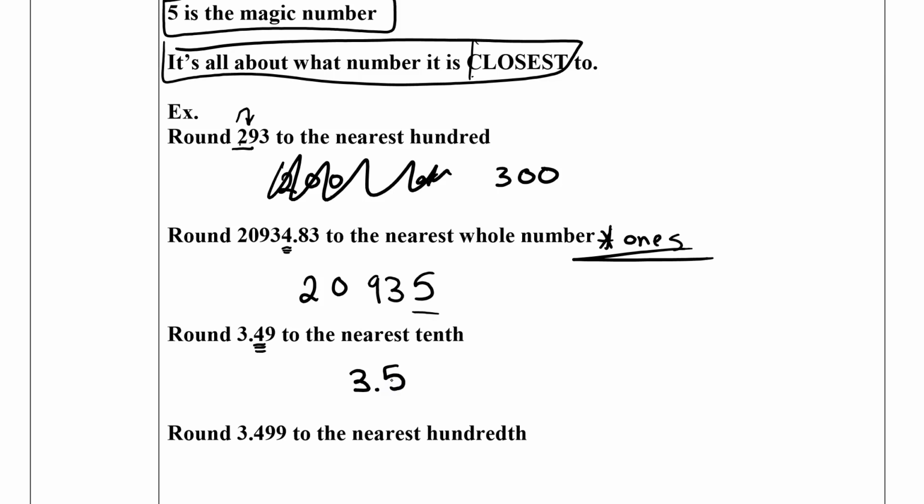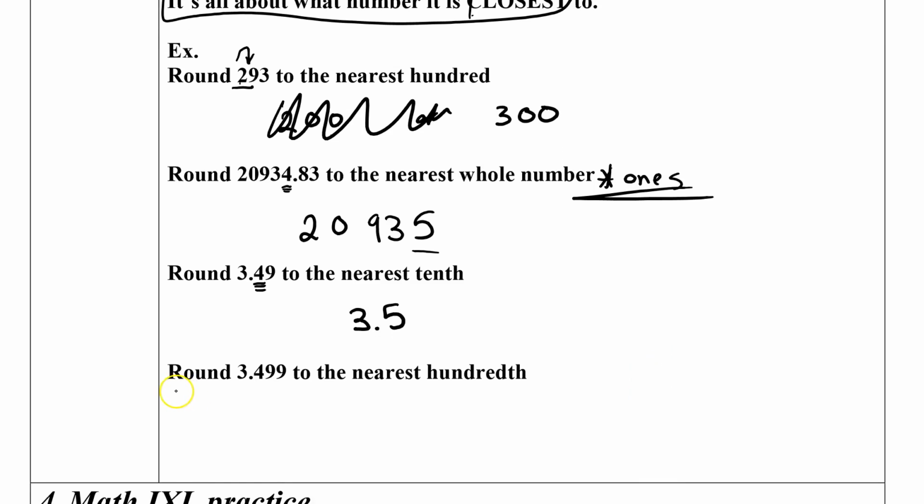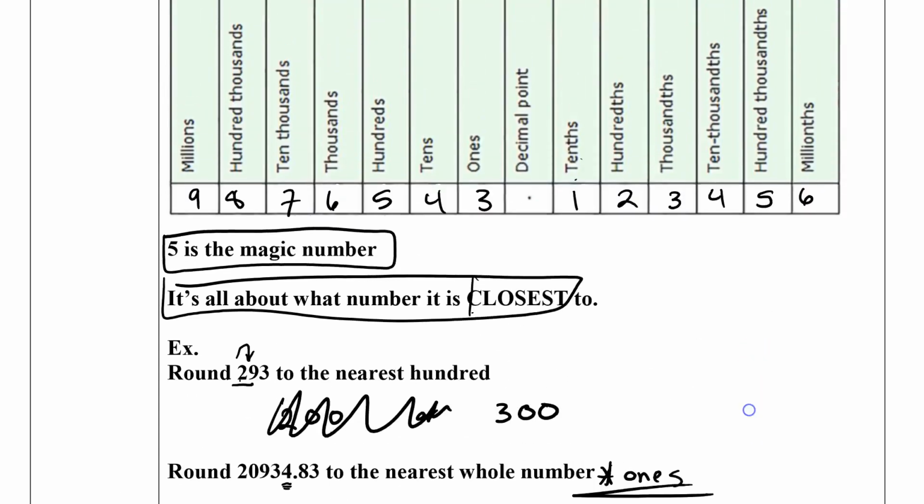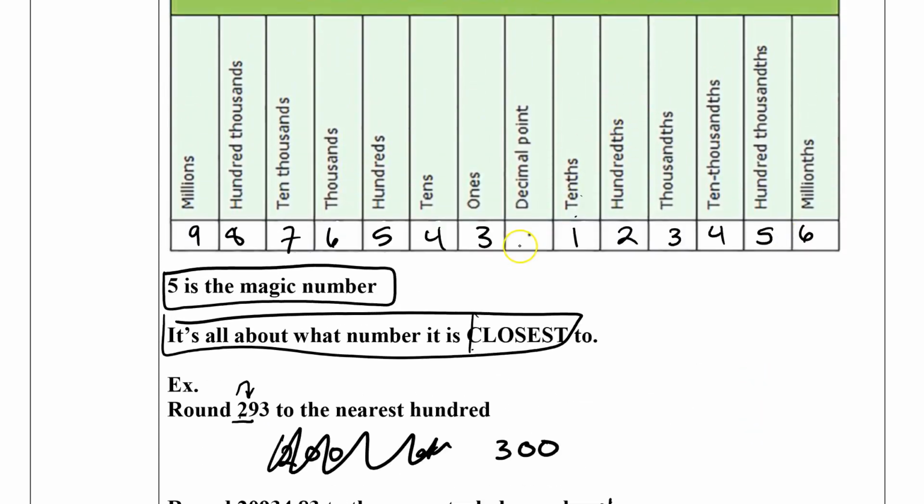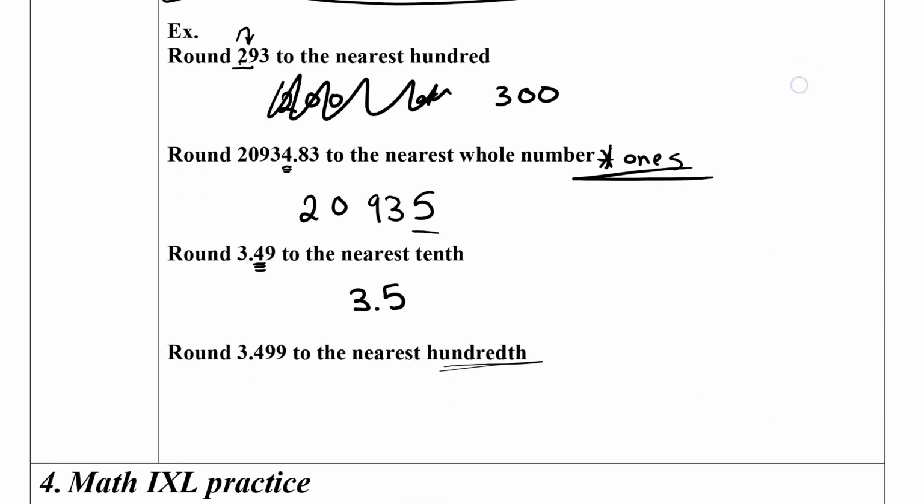Now, of course, I'm going to give you a tricky one. It says right here, round 3.499 to the nearest hundredth. Well, I go to the hundredths place now. The hundredths is 2 away from the decimal place. So we want to round this one. Now we look at the one that's directly beside it. We see it's a 9. So the 9 has to round up.